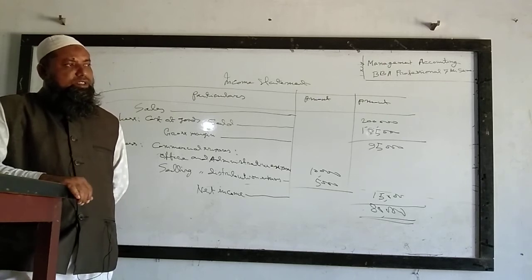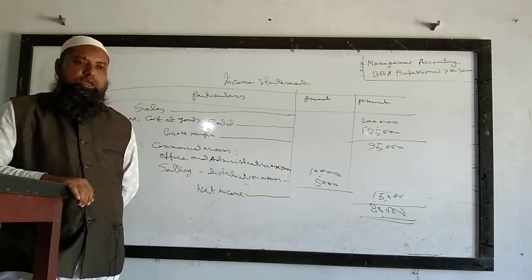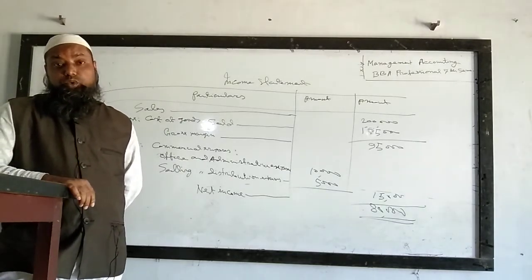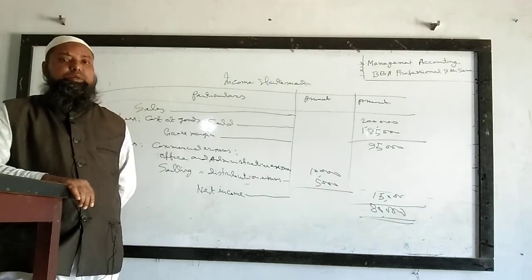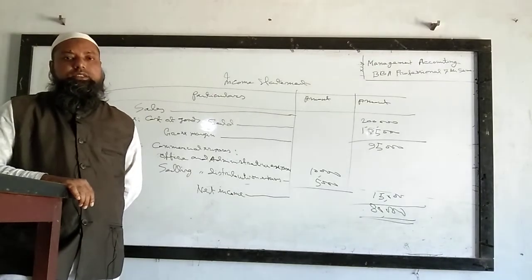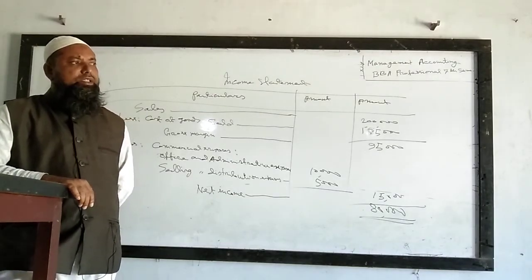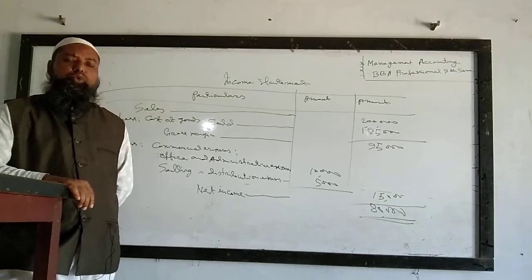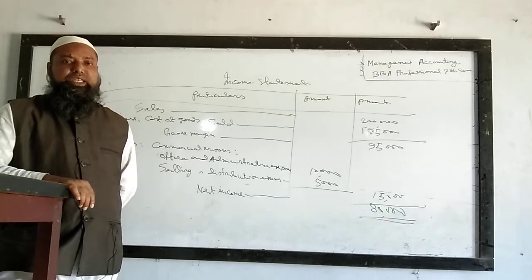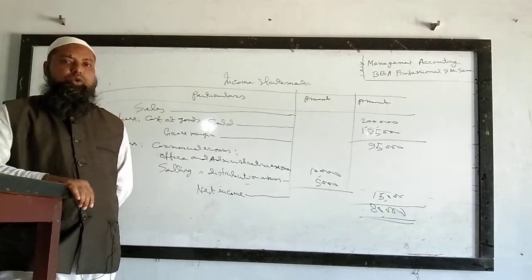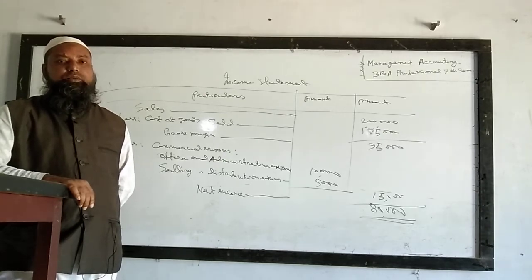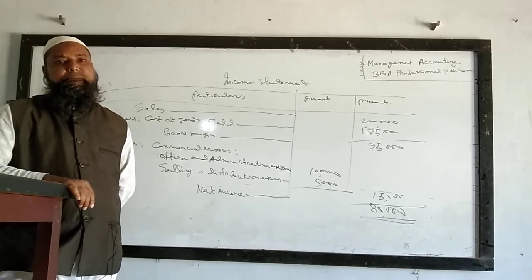This financial statement uses to external purposes, external reporting purposes, not uses in the internal decision making purposes. But management accounting provide information to managers, internal users, and aid or help to managers in their various kinds of decision making.